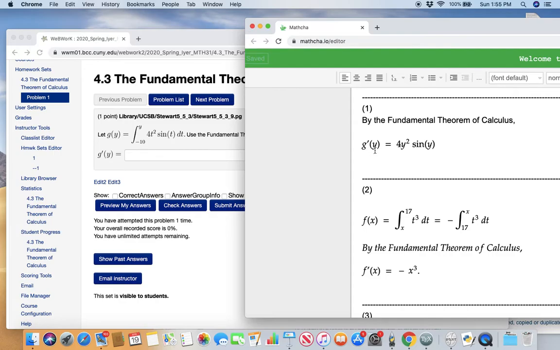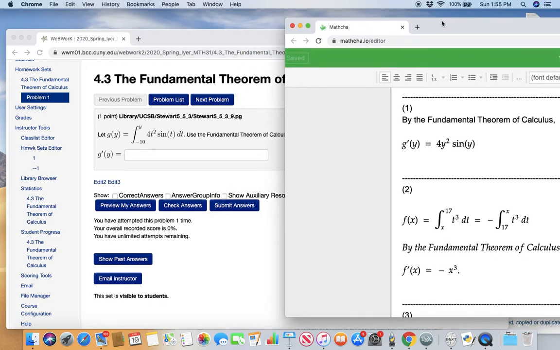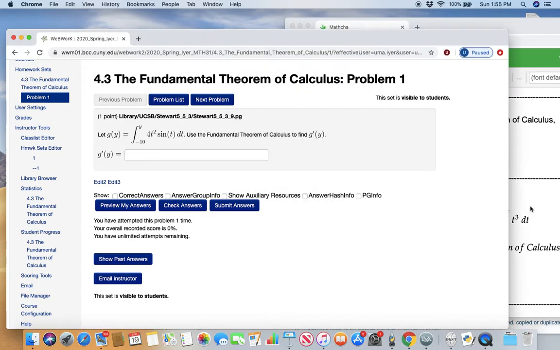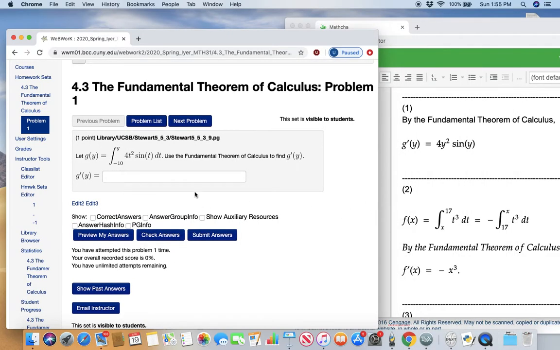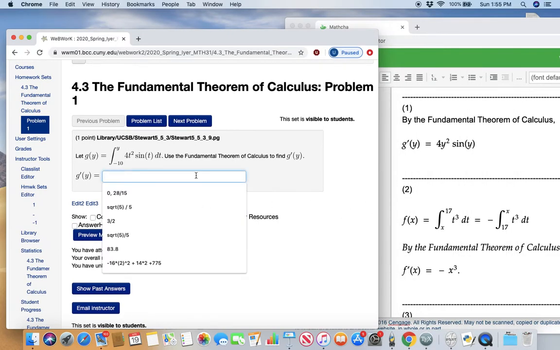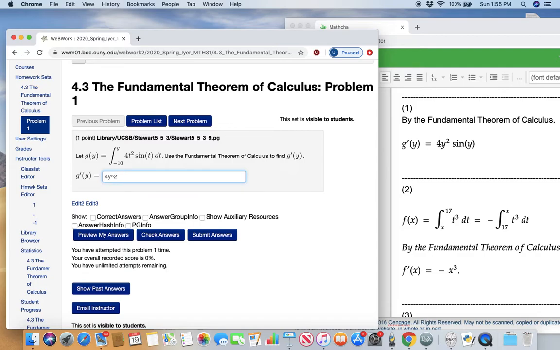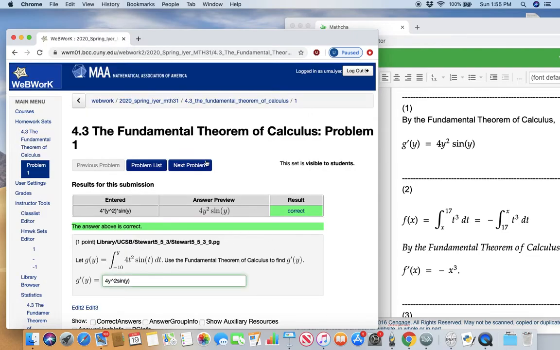G prime of y is 4y squared sine of y. All right. Let's plug it in. 4y power 2 sine of y. Submit. It's good.